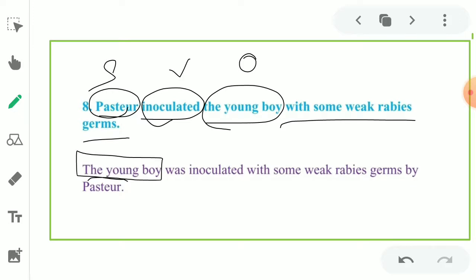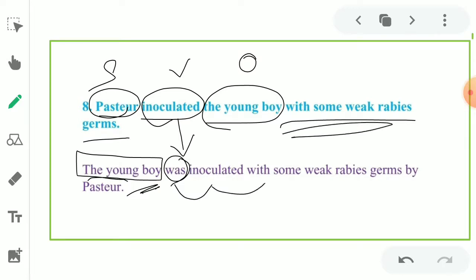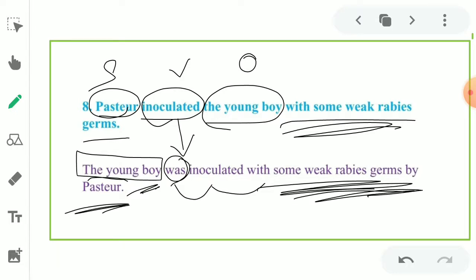Because the tense of inoculated is simple past, was is taken as the helping verb, since the young boy is singular. The young boy was inoculated, V3 form of inoculated, with some weak rabies germs, by Pasteur. Here Pasteur is the agent and is placed at the end, after the V3 form. This is the way the statement ends.